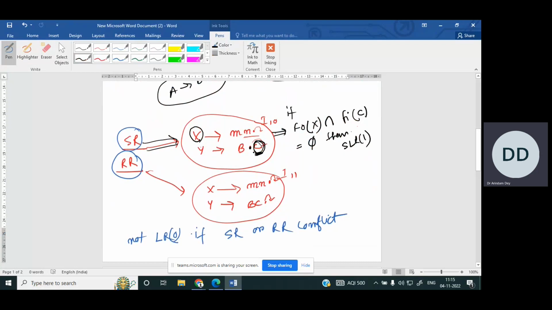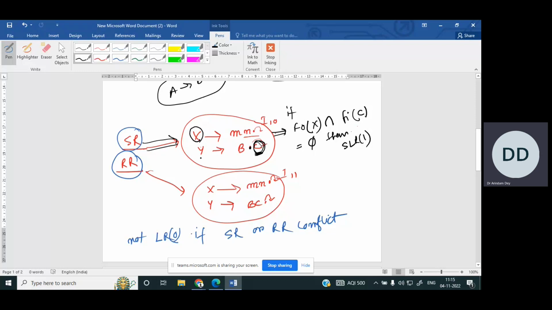We'll be taking examples to make it clear. Don't worry about that. For the reduce part, please remember when I am taking follow, if something is reduced, here for X production it is reduced, that's why we took follow. If it is not reduced, then we will take the first.